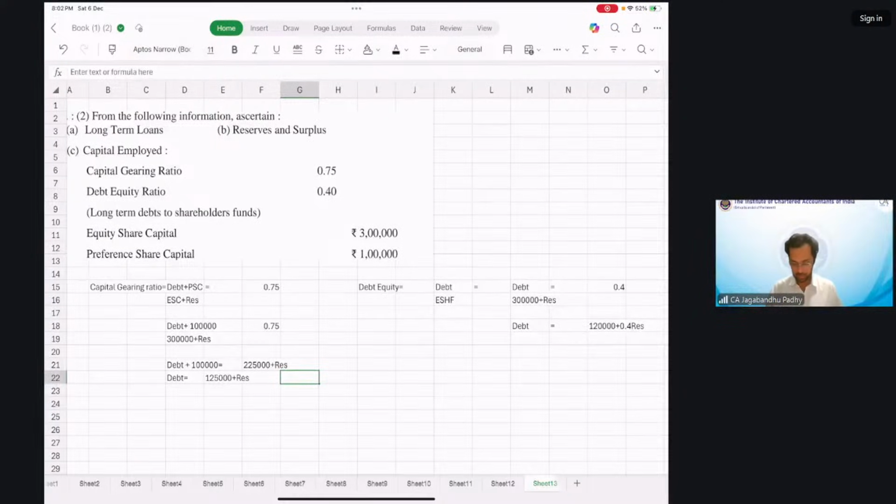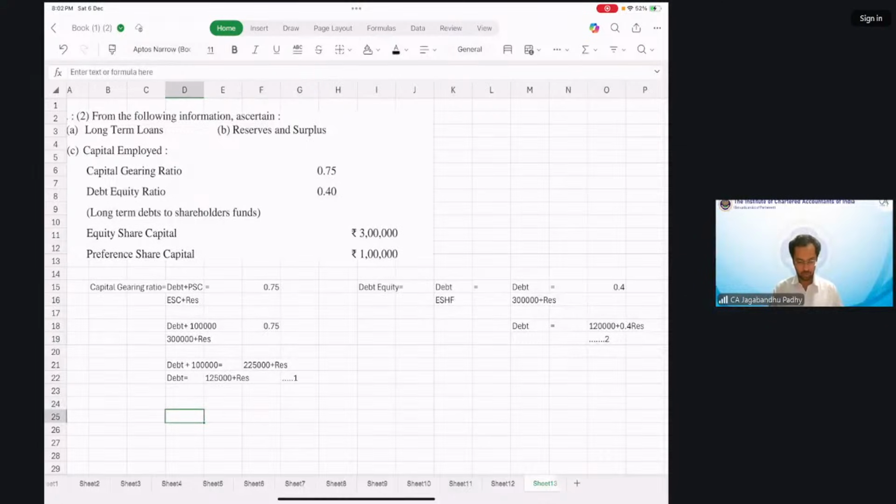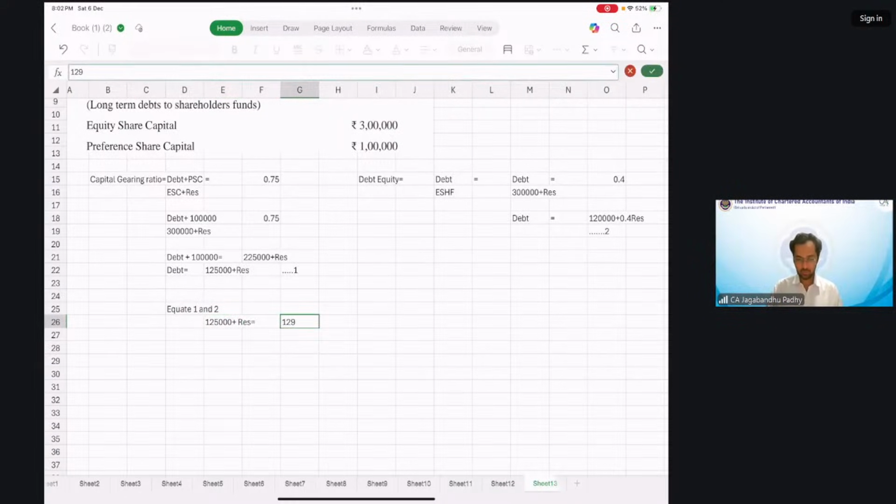So we can just say this is equation 1 and this is equation 2. So we're just going to equate both of them. Equate 1 and 2. We have 1,25,000 plus reserves is equal to 1,20,000 plus 0.4 reserves.